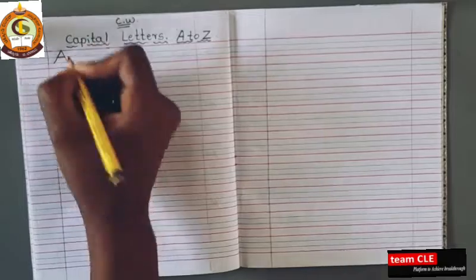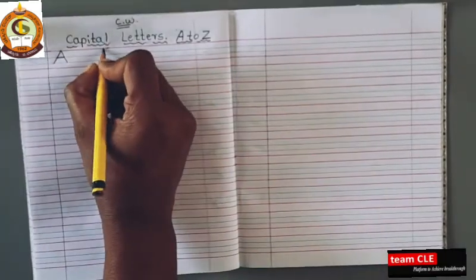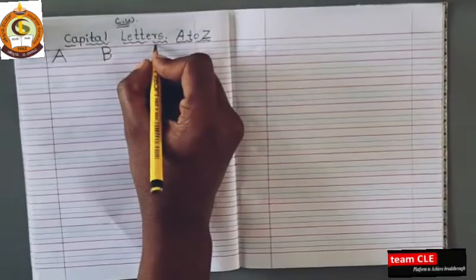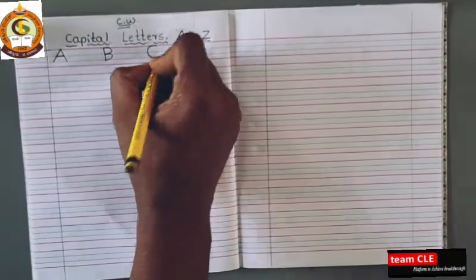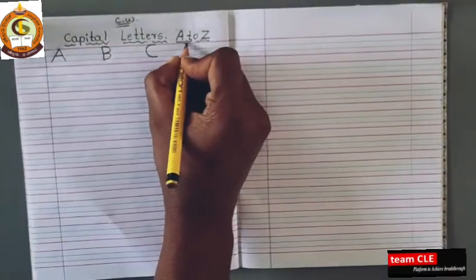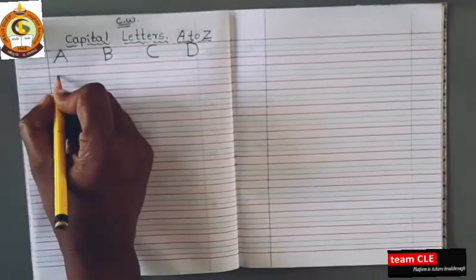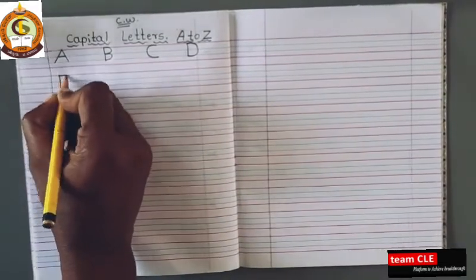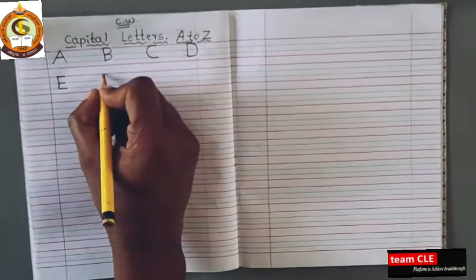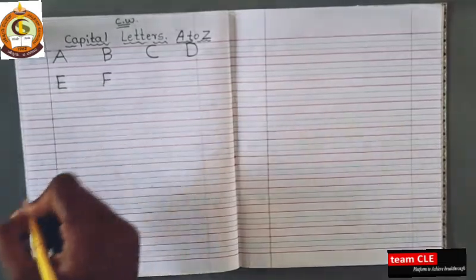So here 2 slanting lines, 1 sleeping line. A. 1 standing line, 2 half curves. B. Left side half curve. C. Standing line, right side half curve. D. Standing line, 3 sleeping lines. E. Standing line, 2 sleeping lines.